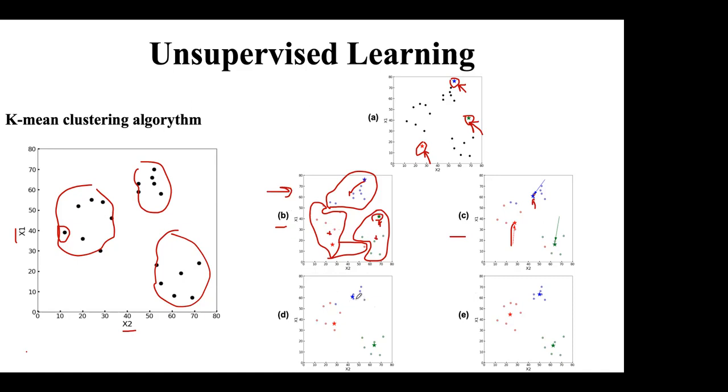Again, I'm going to calculate the distance of all data, all examples, with respect to all three centroids. Like in this step, where I randomly initialize the centers and give them some random position, now I calculate the distance from here to here, here to here, and here to here. And again for the second example.